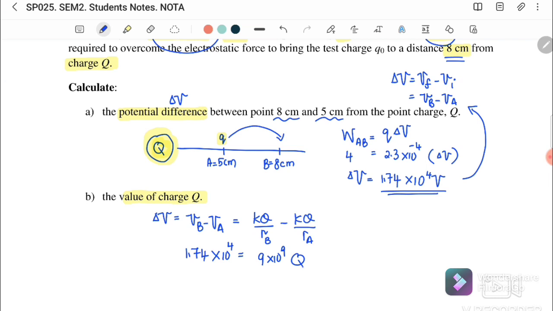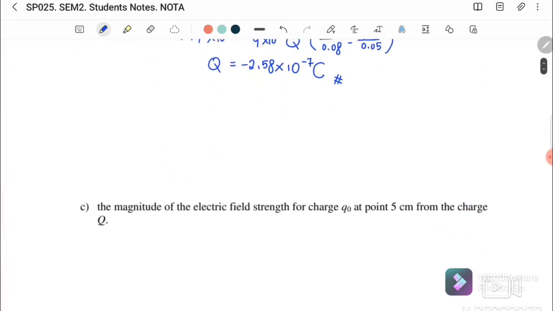Q is the point charge that influences both A and B, so we factorize it out. Then 1 over RB is 8 cm, 0.08, minus 1 over 0.05. If you press the calculator, we will find that the value for the point charge is negative 2.58 exponent negative 7 coulomb. So this is the answer for the point charge.